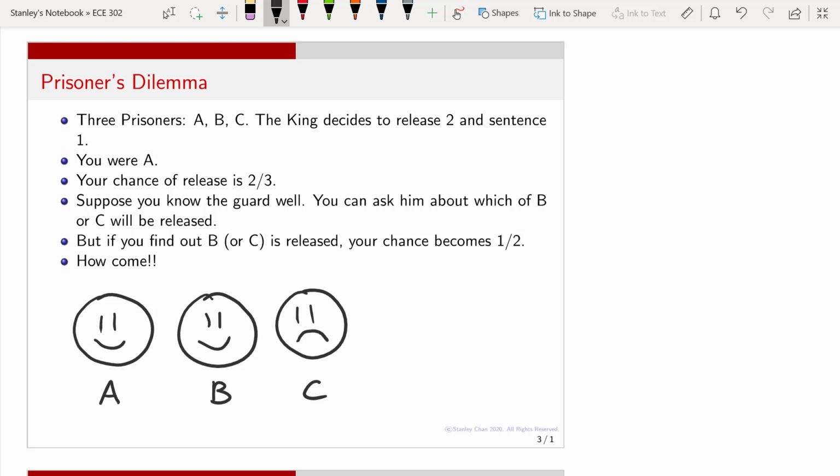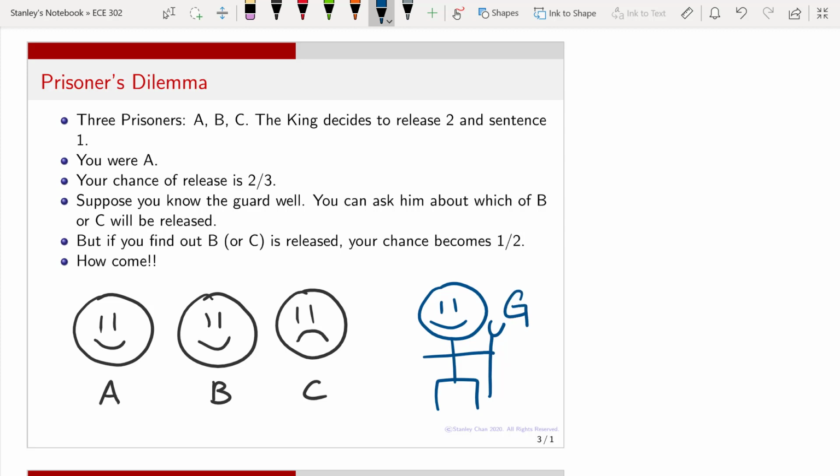Now, suppose you know a guard. And here is a very happy guard. You can ask this guard whether A or B or C would be released. Well, in fact, you can only ask him about whether B or C will be released because you are A. So you approach the guard.